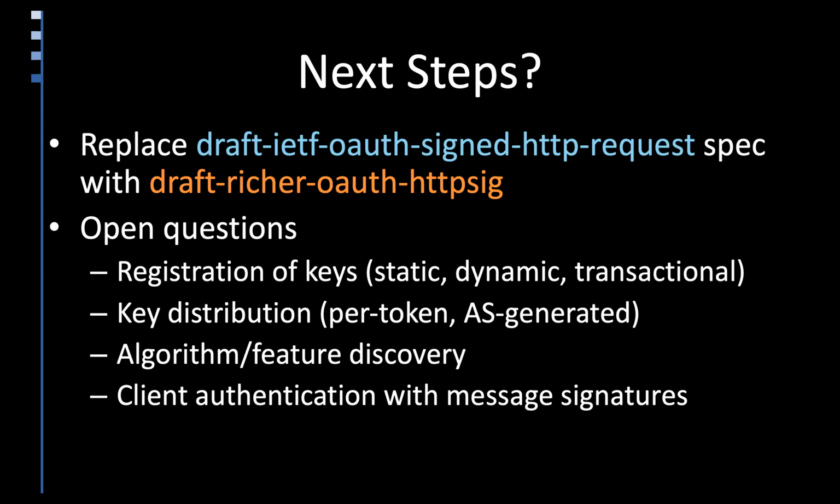Aaron, your hand's up. Yeah, I just wanted to say one of the things I appreciate about this approach is the very hard separation between what is required to use this in OAuth versus what's actually happening under the hood. What I mean by that is the HTTP signature aspect of it has nothing to do with OAuth, which I think is correct. It is its own thing, which means it can be built into libraries in a way that people don't have to think about the OAuth side of it.